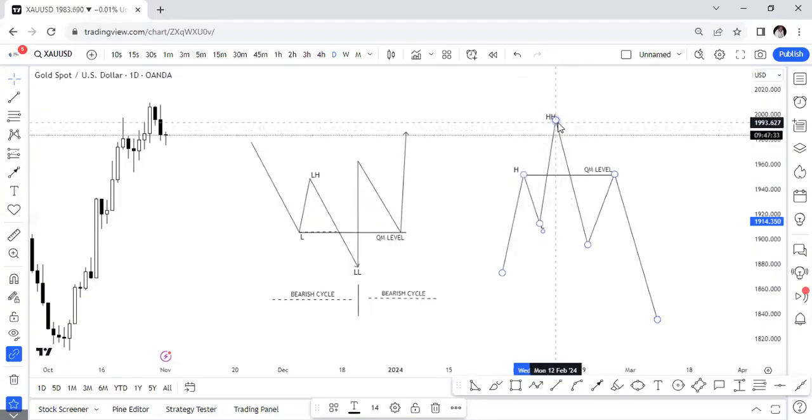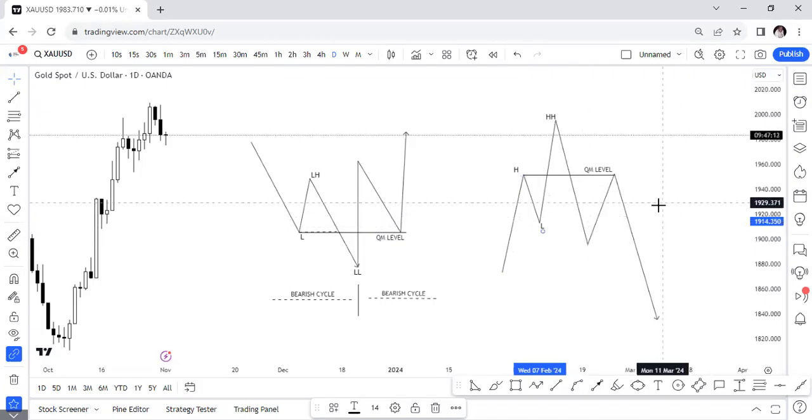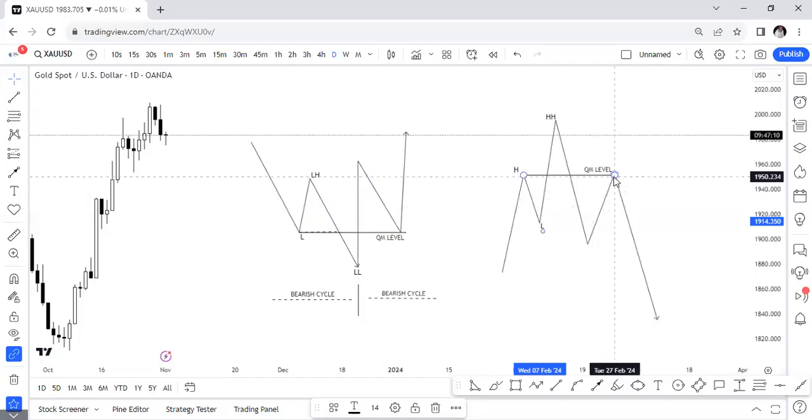From this higher high, price declines downward to take out this structural low, and as it takes it out, it closes below it. So we say it is a kind of imminent change, a signal of change, but we are not yet confirmed here.